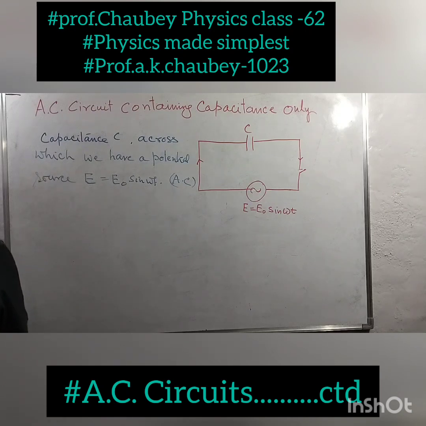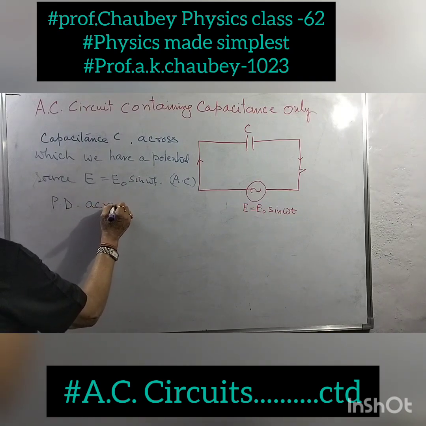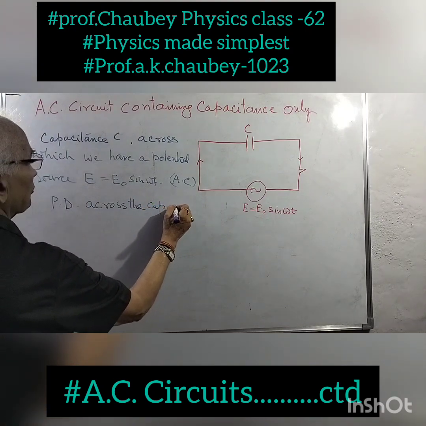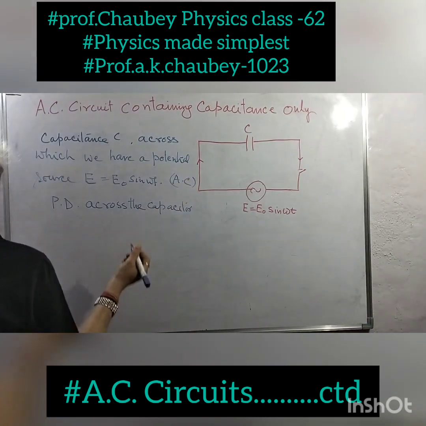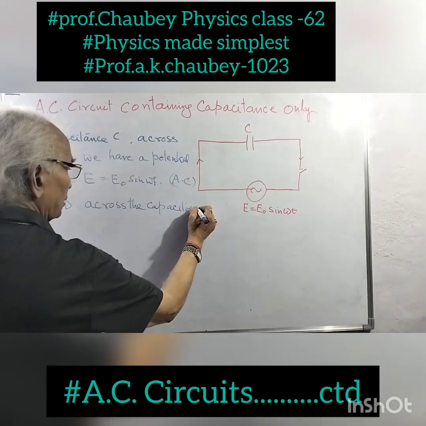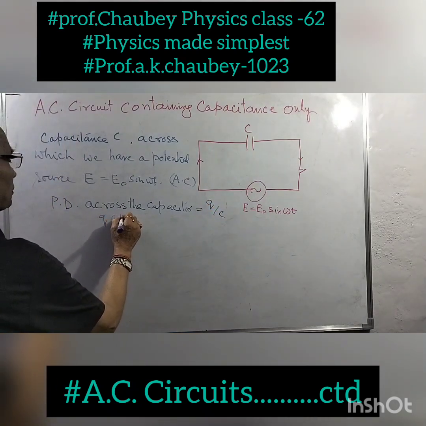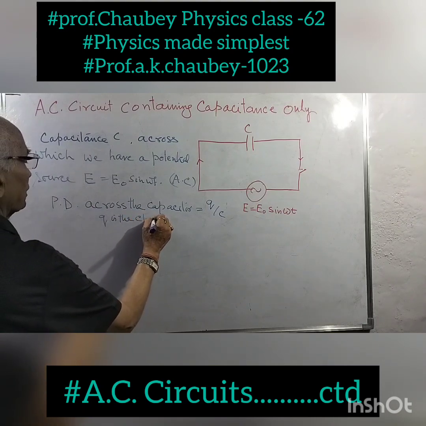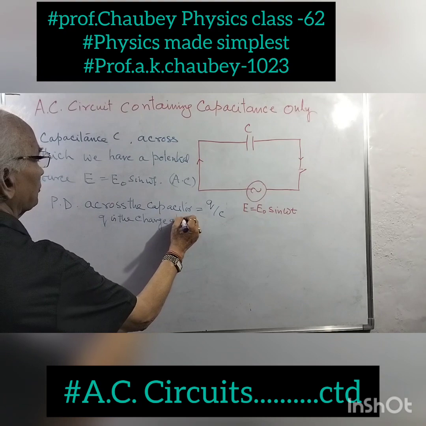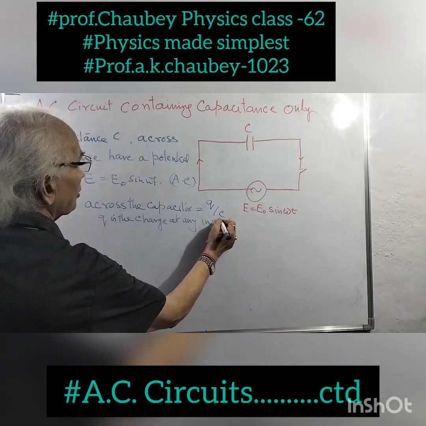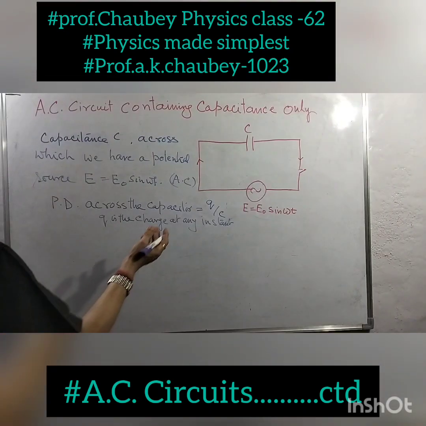So you know that the potential difference across the capacitor will be Q over C, where Q is the charge at any instant. Q over C is the voltage there.